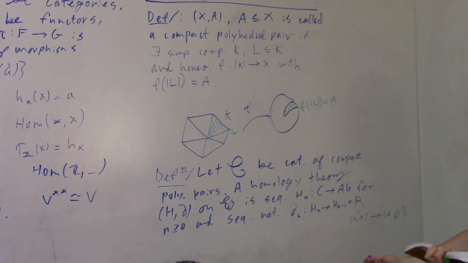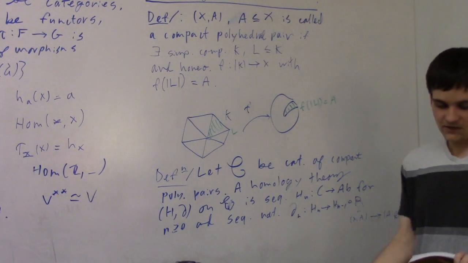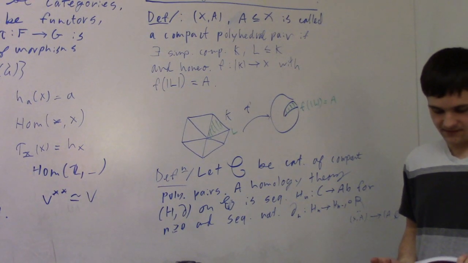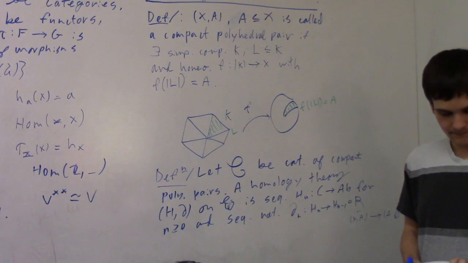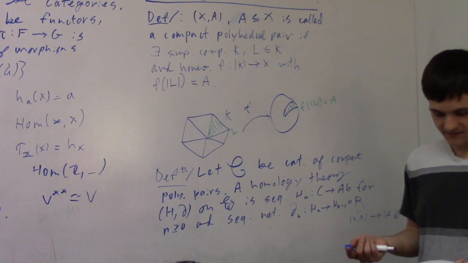Such that the following axioms hold. We've covered all of these, so I'm not going to write them down. Homotopy axiom: if two functions are homotopic, then they induce the same homomorphism. Exactness axiom: for every pair of inclusions there is an exact sequence.